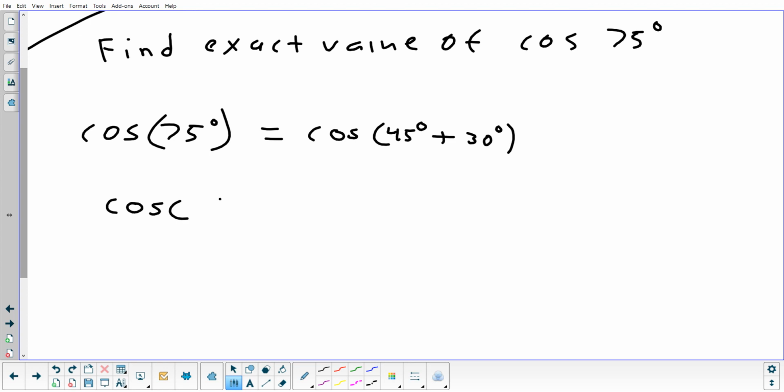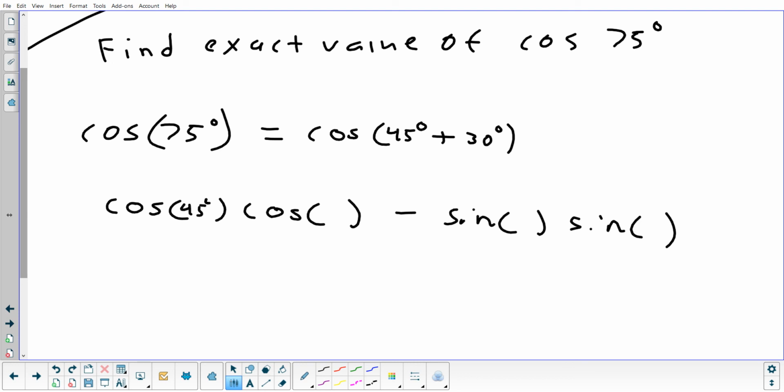So we've got cosine, cosine, sine, sine, and you're going to put a minus between them. 45, 30, 45, 30. Okay, and I think we've already done all of these. Does anybody remember what the cosine of 45 is?